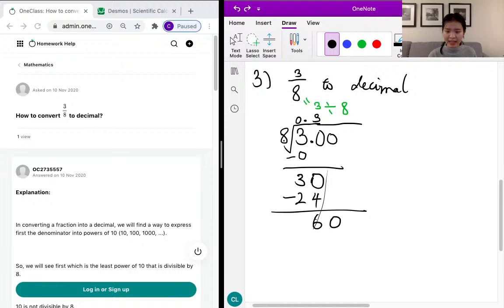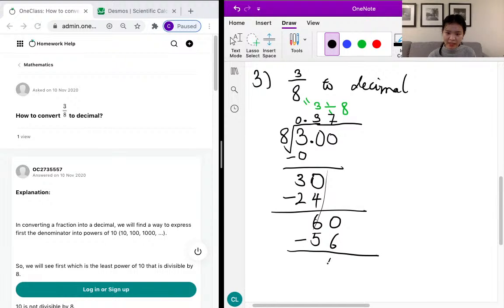Okay, let's continue. What's the largest whole number that multiplies by 8 to make a number less than 60? The best we can do is 7. So we have 7 times 8, which is 56.